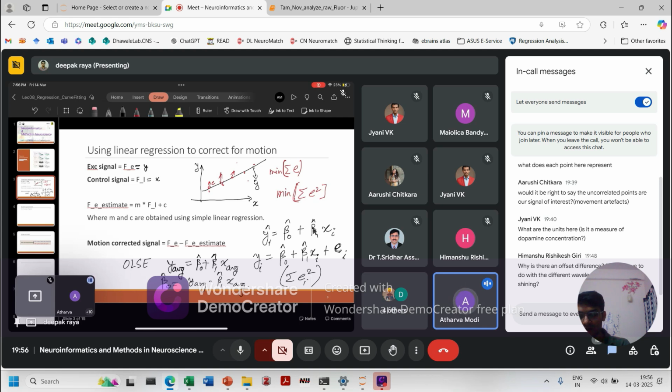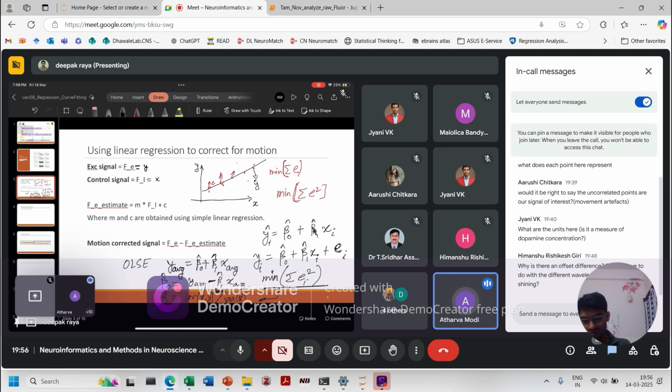But for this you of course need to know beta 1. If you minimize this quantity, you will get beta 1 cap as the covariance of x comma y divided by the variance of x.